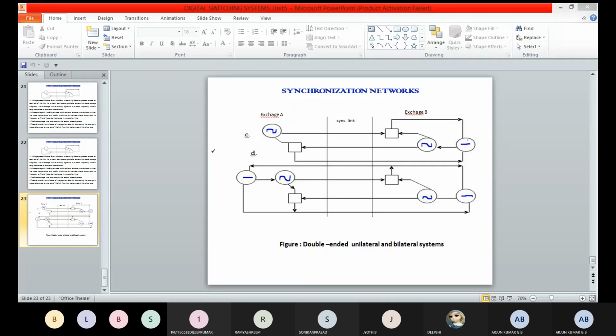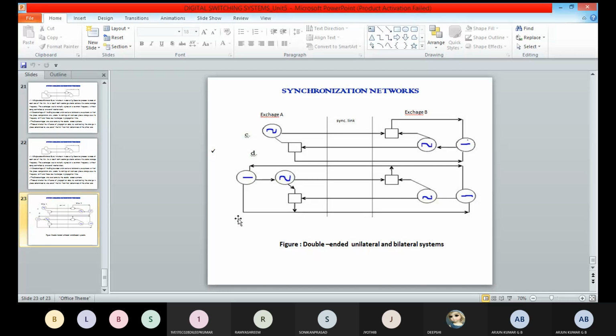Here the phase error detector at exchange A detects the phase changes due to the difference between the clocks of the exchanges, and then the phase is detected by exchange B. The difference between the two measures is eliminated. Like that, a single channel is required to carry the result of the phase comparison to the other end of the link in order to make the subtraction.